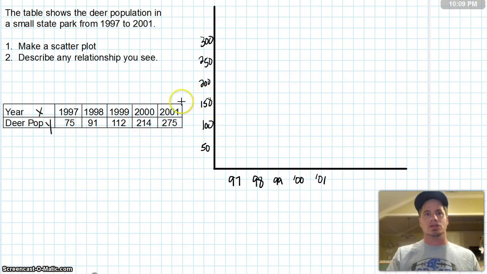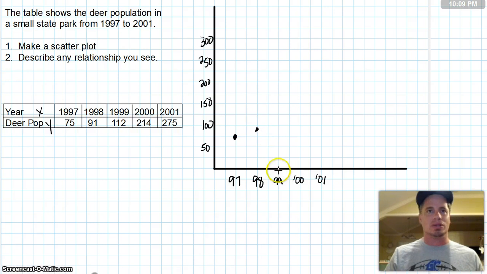Okay, so let's do the first point, 1997 and 75. So 97 here, 75 right here. There's our first point. 98 and 91, well, here's 98. 91, well, it's probably about somewhere right in here. And we can estimate a little bit.